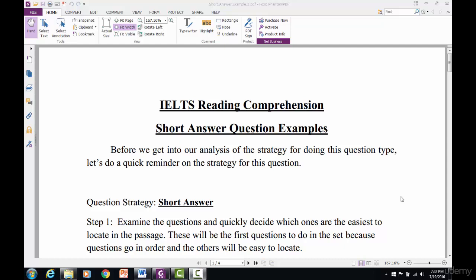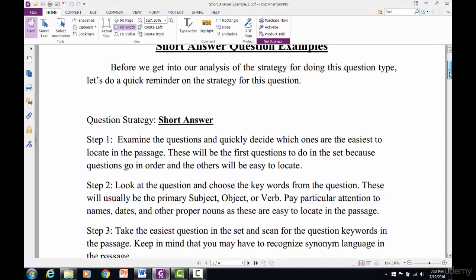Read the sentence and pick the answer that answers the question. The most challenging thing is being able to scan and find the right sentence. That's the challenge. All right, so let's take a look at these here.